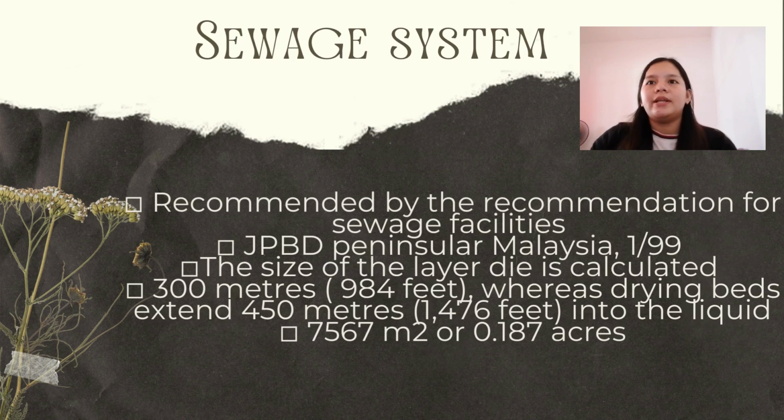On a 4-weekly basis leading up to the beginning of the new filling, the size of the layer to dry is calculated. The typical distance into the liquid is around 300 meters or 984 feet, whereas drying pan attains 450 meters or 1,456 feet into the liquid.